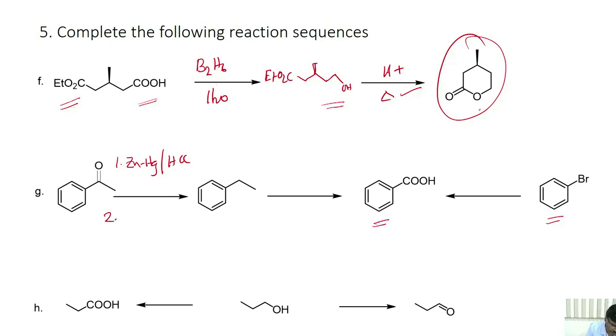Alternatively, you can also reduce the ketone into hydrocarbon using Wolff-Kishner reduction, which involves reaction with hydrazine to give hydrazone. Once you form the hydrazone, this can be further reacted with potassium hydroxide in ethylene glycol at high temperature, which can convert it into hydrocarbon. These two methods are used to convert ketone to hydrocarbon.